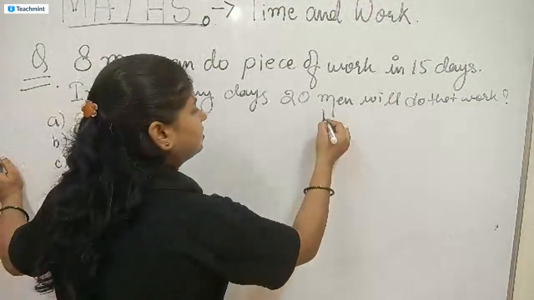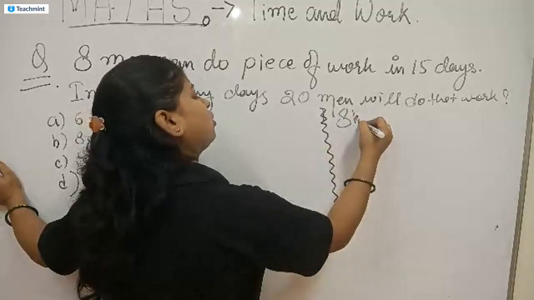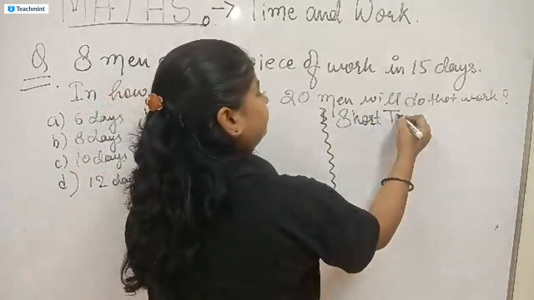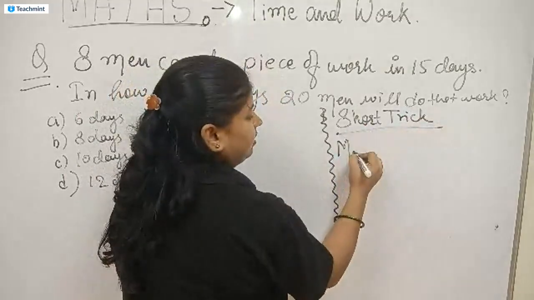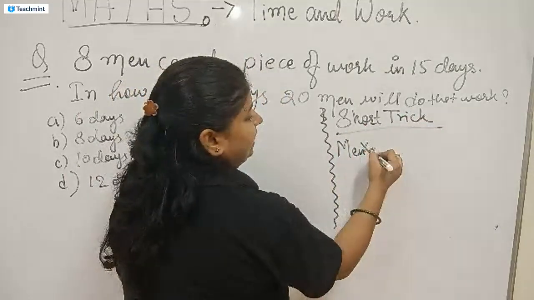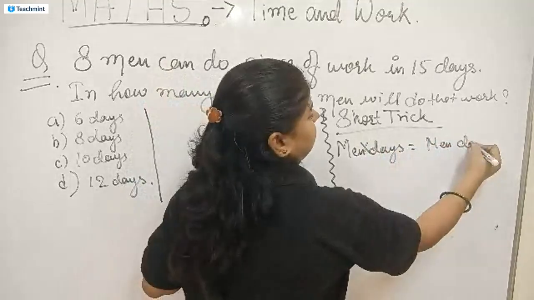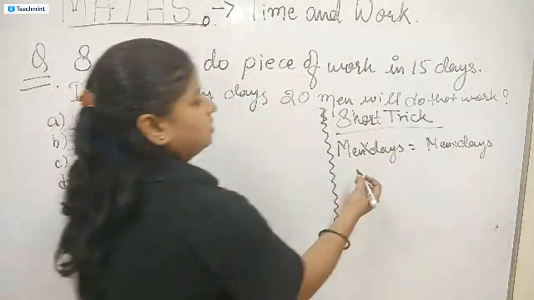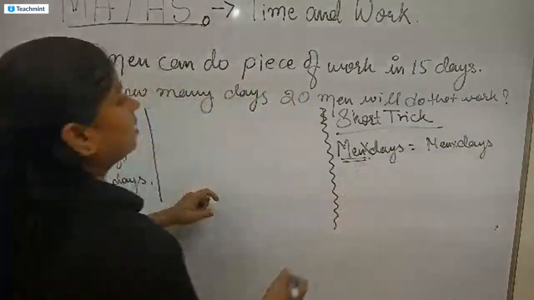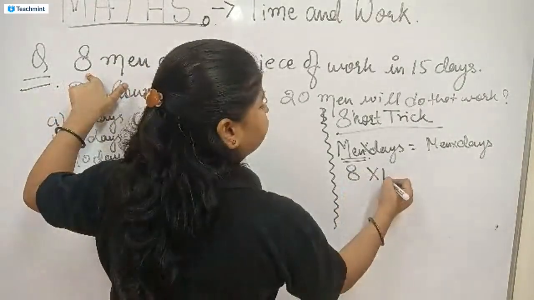First I will teach the concept and then the short trick formula. Or first, let me tell you the short trick formula only. The short trick formula is very simple, beta. Men into days is equal to men into days. So men are 8, days is 15.